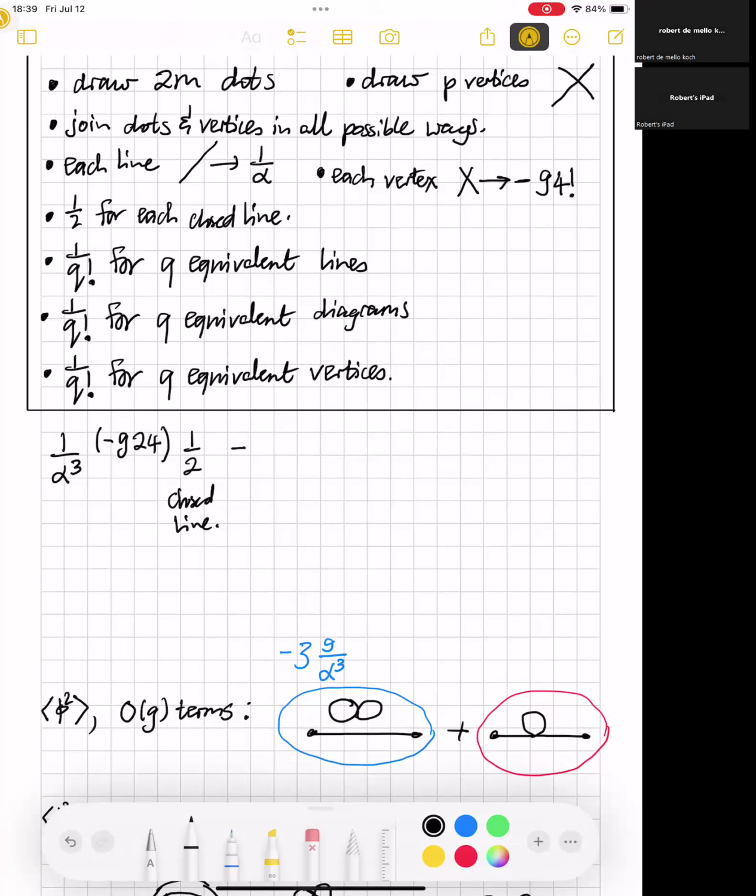So if we work out what this is, we've got minus 24 divided by 2 is 12g over alpha cubed. So the value of this diagram is minus 12g over alpha cubed. If we add these two together, minus 3g over alpha cubed minus 12g over alpha cubed, we'll get minus 15g over alpha cubed.